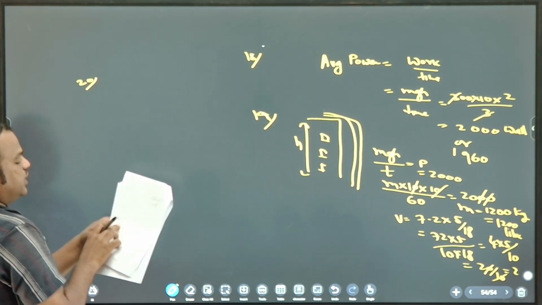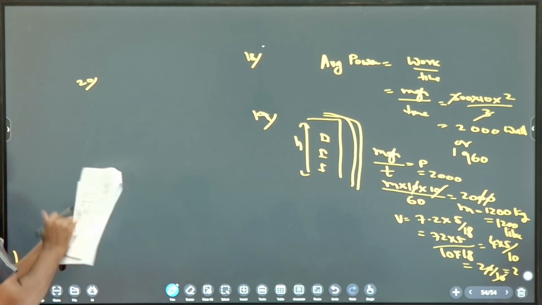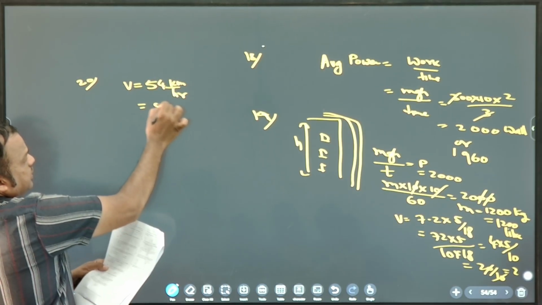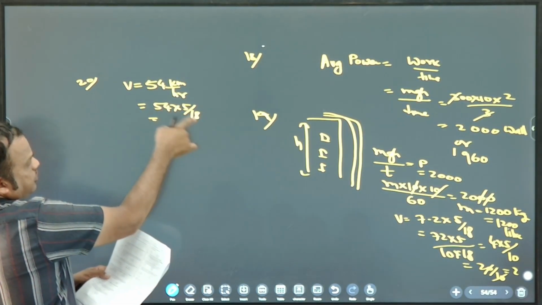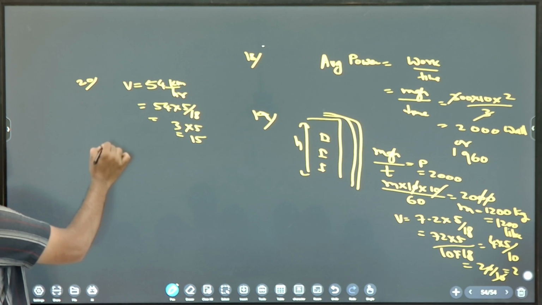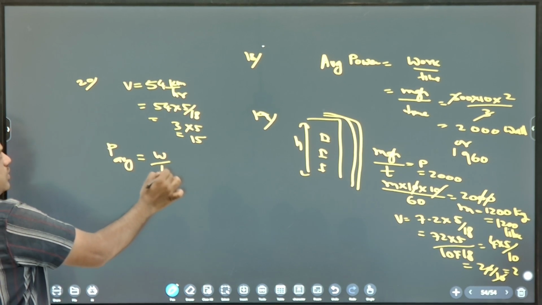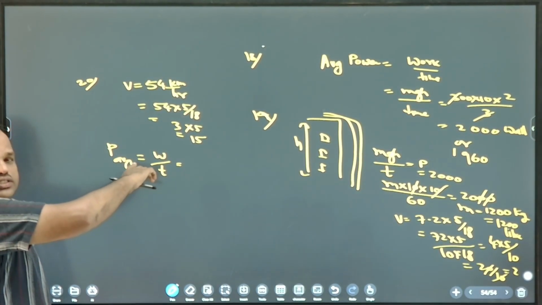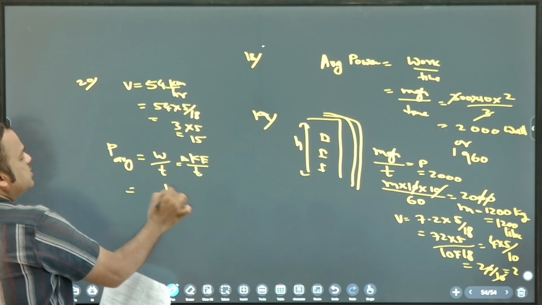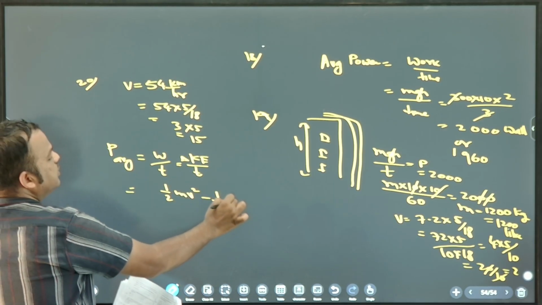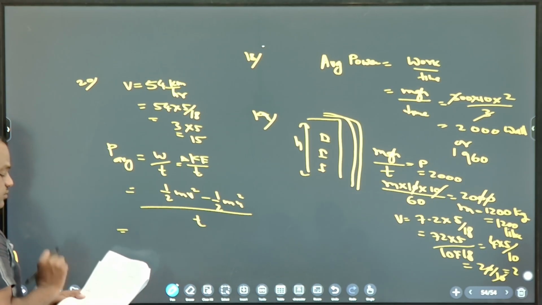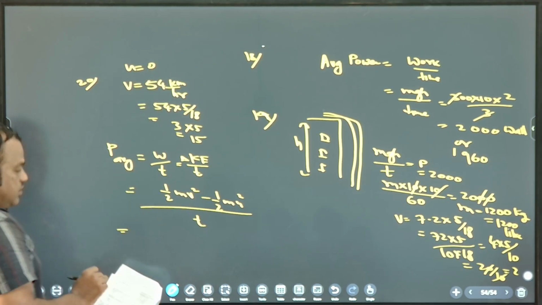Car of mass 1000 kg accelerates uniformly from rest to velocity 54. So what is the final velocity? 54 kilometer per hour. Convert in meter per second. 54 into 5 by 18. 54 by 18, 3. So 3 into 5, 15. Average power. Again power. Average power means work done upon time. Work done, what formula? Fs cos theta or change in kinetic energy? Change in kinetic energy, very good. So change in kinetic energy is half m v square minus half m u square. What is u? U is 0, very good. Start from rest, u is 0.